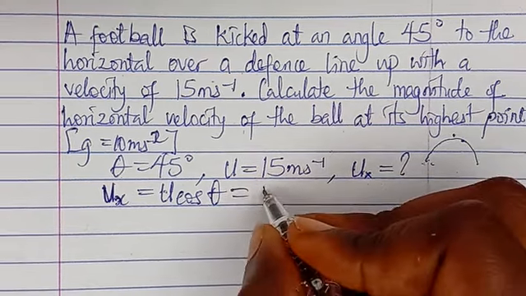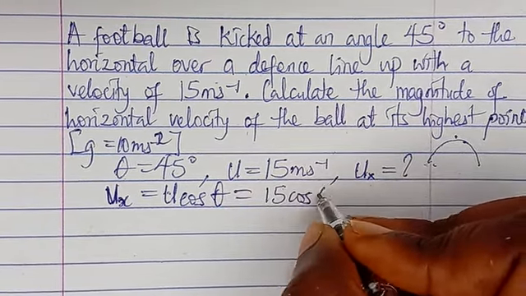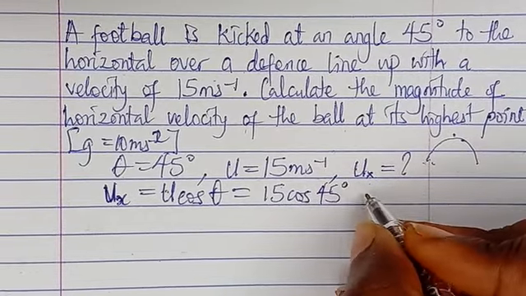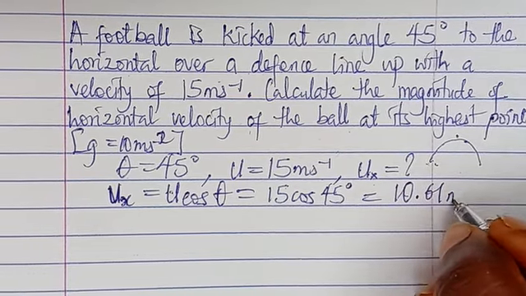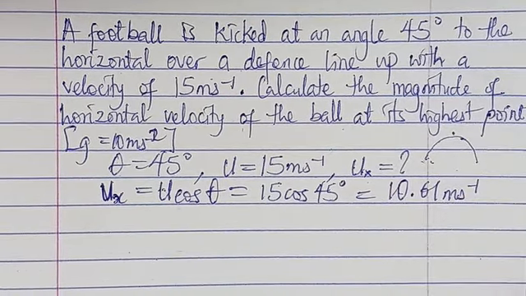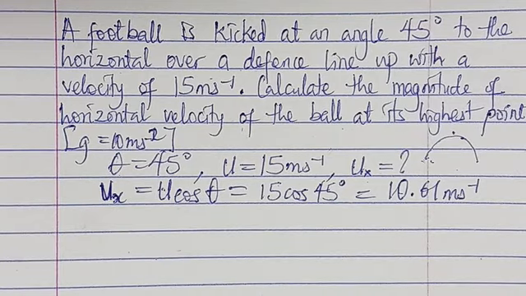So we have it to be 15 cos 45 degrees, and we now have it is equal to 10.61 meters per second. So that's it. You see that handling this kind of motion is actually very easy.